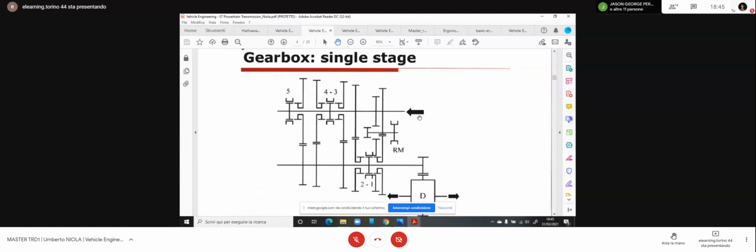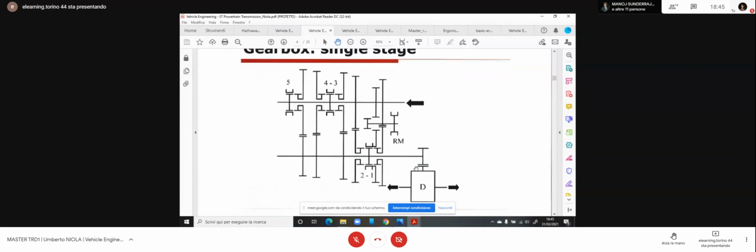You see the arrows representing the input and output. So you can also imagine this is the final reduction and entering into the differential, and the two arrows left and right represent the wheels. So no problem for understanding the work of this one.